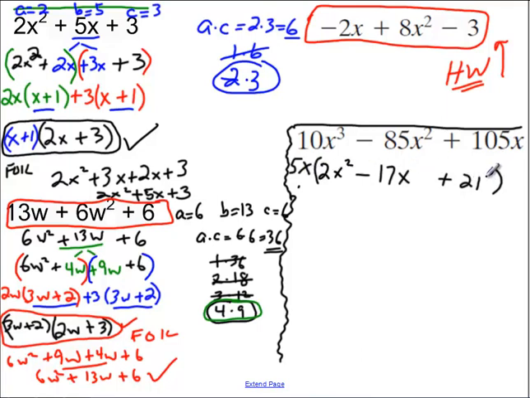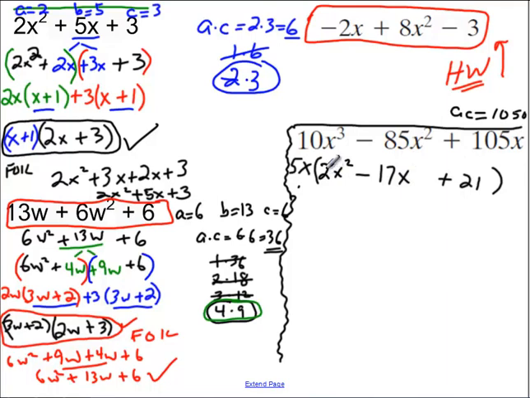So we've now made our life a lot easier because all these coefficients, the numbers, are a lot smaller. If we took a look at the AC method using 10 and 105, we'd get AC equal to 1050. And holy cow, who wants to factor that out in factor pairs and try and match it up to 85?